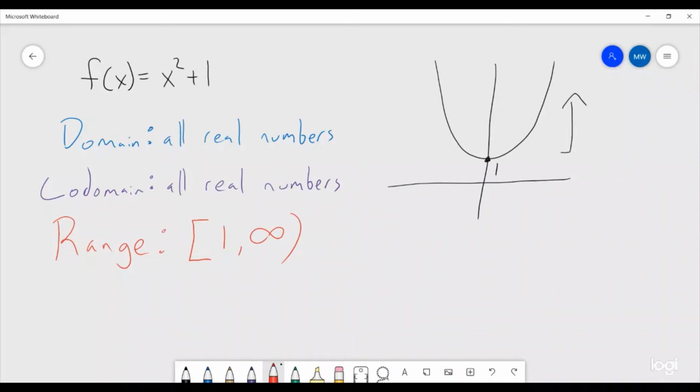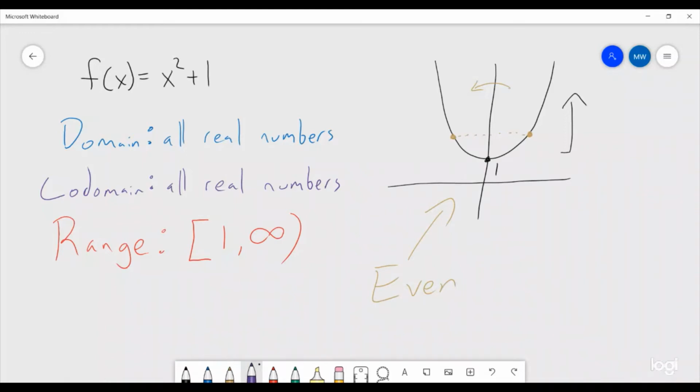Now, talking about classifying different functions, this function turns out to be able to be classified a little bit more. This is going to be an even function. The reason we can tell this is it's symmetric across the vertical axis. If we look at the value of the function here, if we were to go horizontally across, it's the same value on the other side.